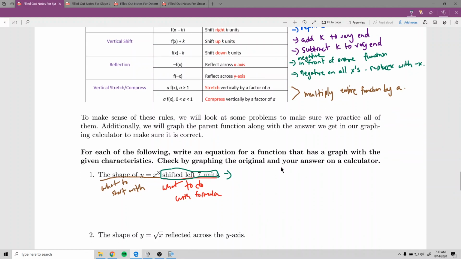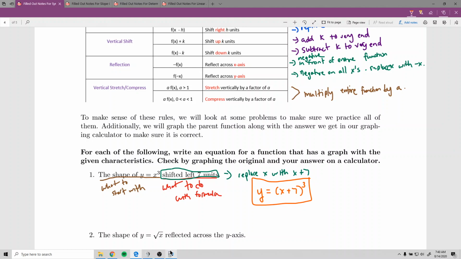So what we're going to do here is replace x with x plus 7, because we are shifting left, so we replace it with a plus. We take our x cubed and replace x with x plus 7. So you get y equals x plus 7 cubed.